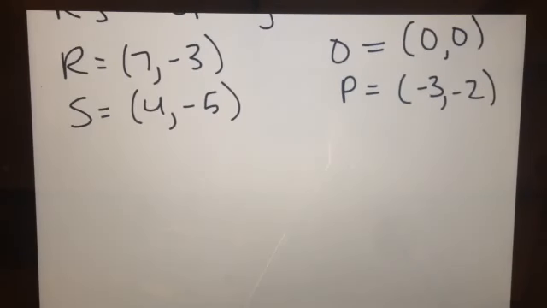So I just need to prove that these are both the same. So I'm going to go ahead and write RS in component form first. So RS, it's going to be 4 minus 7, and then -5 minus -3.